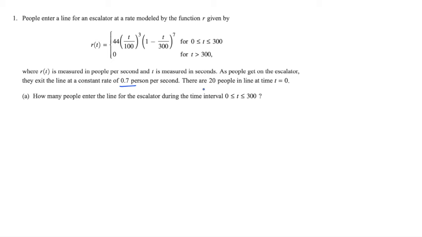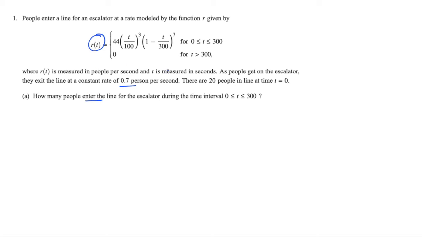Then part A: how many people enter the line for the escalator during the time interval 0 to 300? So we want to know the absolute number of people from 0 to 300. It's very important to notice that they say enter, they don't mention exit. So we only need to consider this function.